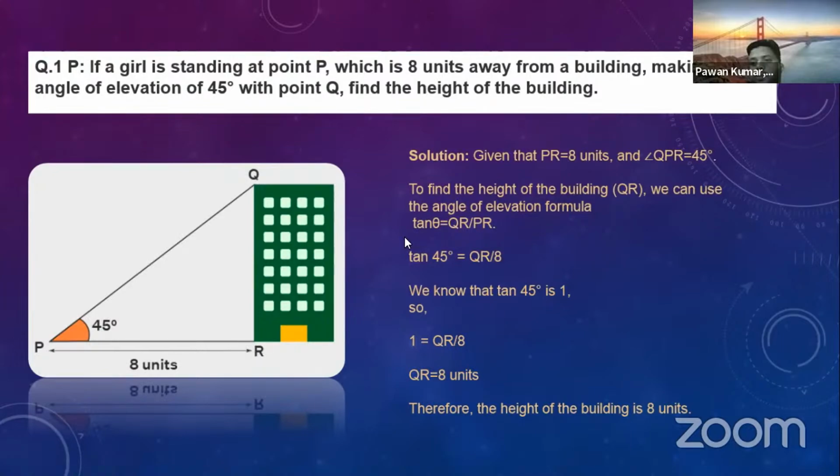So basically, I can write it here: tan theta is nothing but perpendicular by base. Looking here, the base is 8 units and the perpendicular we need to find.